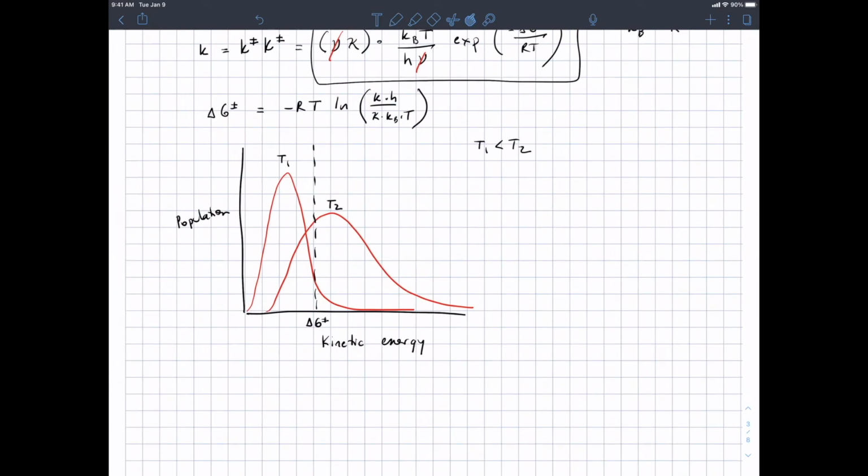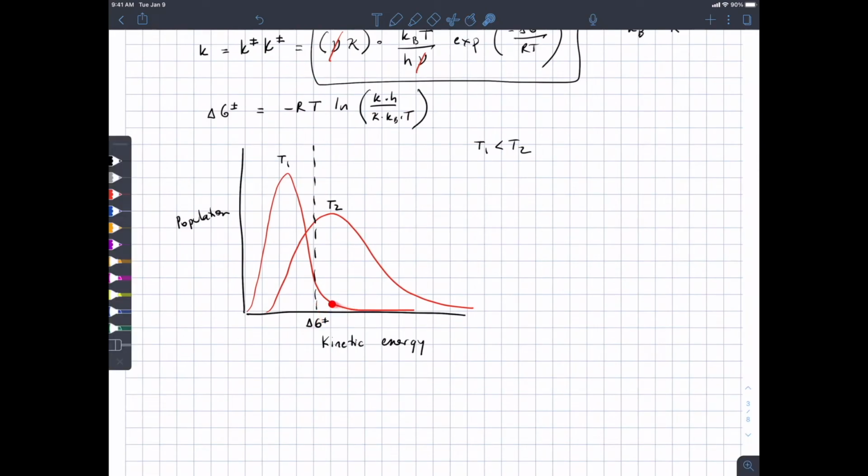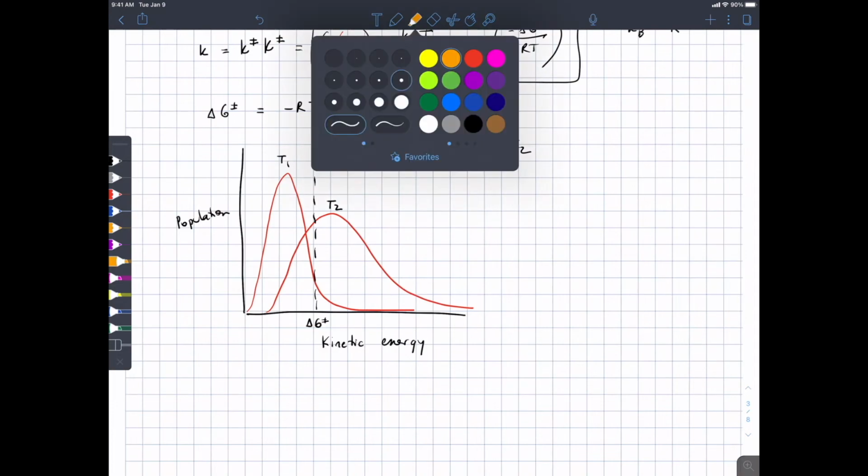Now the area under each curve from this activation energy and on is going to represent the percentage of the population of molecules that has enough energy to get over the transition state. So at temperature 1, let's shade with, I don't know, we got to choose something, pink, fine.